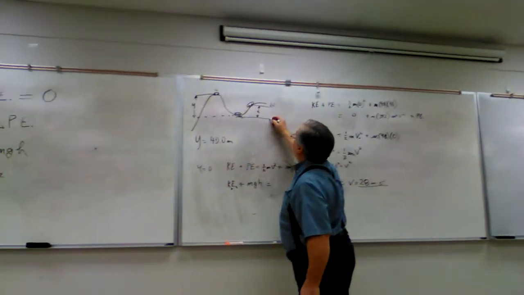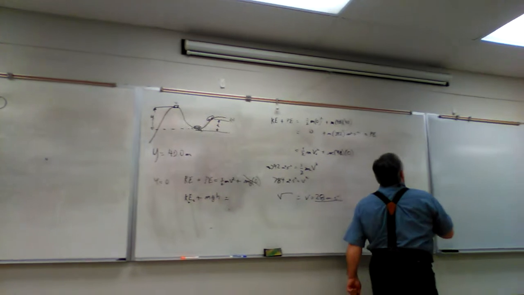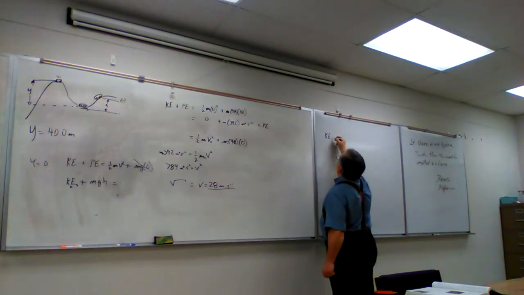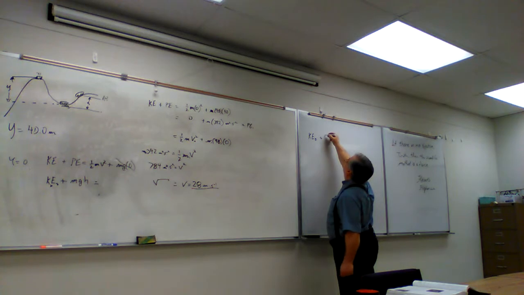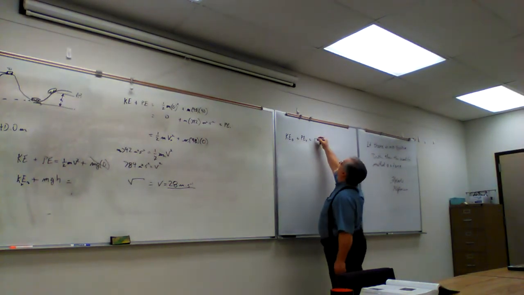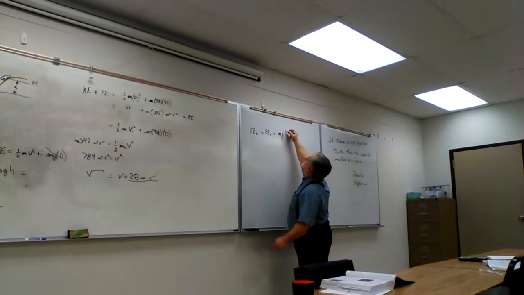The total energy here is the kinetic energy at the bottom, at y equals 0, plus the potential energy at y equals 0, is still equal to mass times gravity at 40 meters.